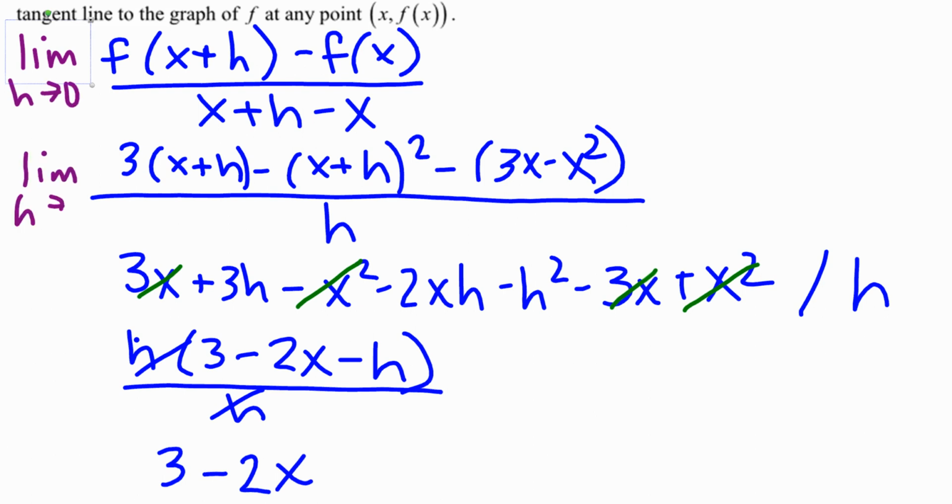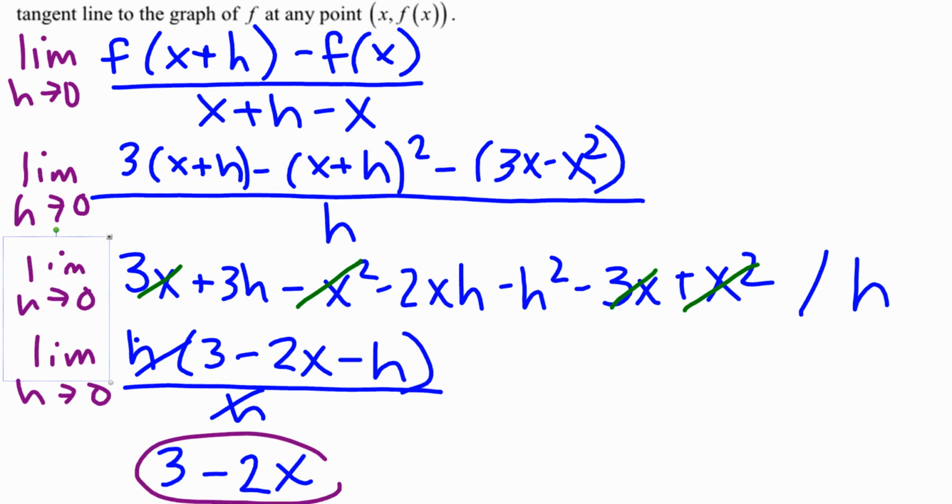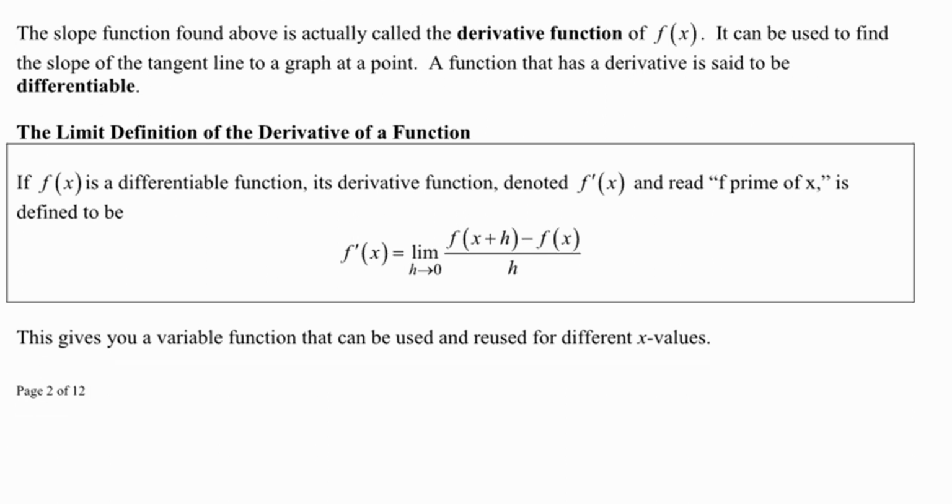So as we let h get really small, the slope then is equal to this at any point on our function f. All right, so the slope is changing. It's not a defined constant value. It's a variable value depending on what x value you're looking at. All right, and that is all explained here. This is called the derivative function, okay?